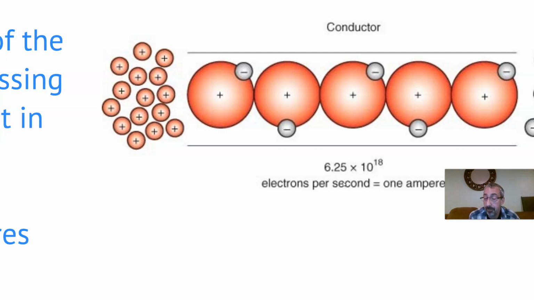That's 1 amp. So I want you on a piece of paper to put 625 and then 16 zeros after it. Then I want you to go every 3 numbers and put a comma there and look at the number that is the amount of electrons that move past 1 point in 1 second for 1 amp. Pretty huge.